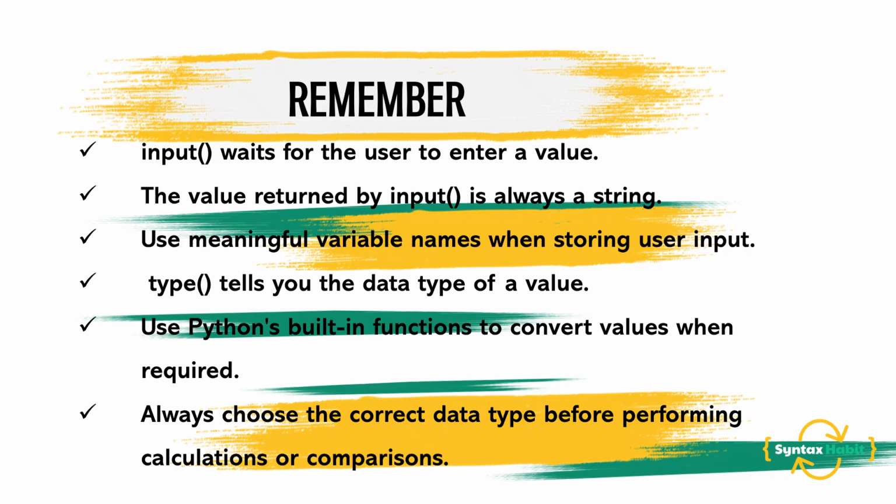The type function is a useful way of checking how Python has stored a value, especially while you are learning. As you continue writing programs, choosing the correct data type and converting values when necessary will become an important part of your programming skills.